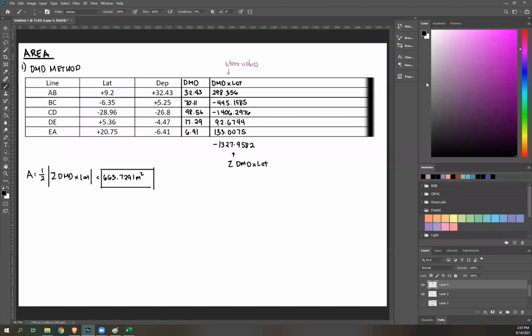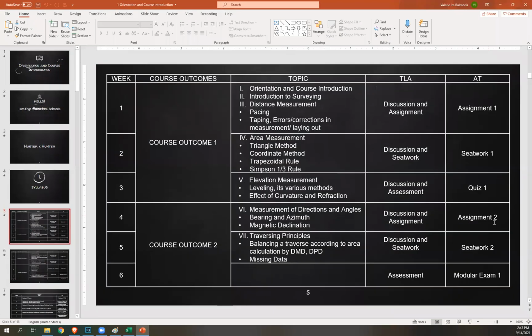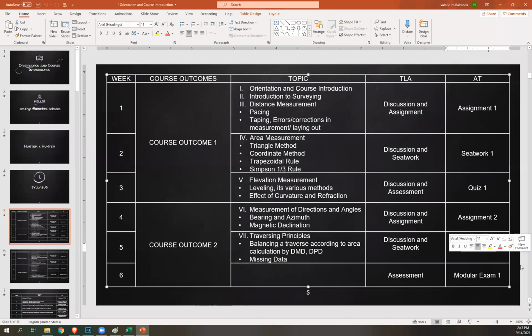There's no time limit in taking assignment number 1. Yes, we have activity on Saturday. Ma'am, bali next week pa po yung final exam po, di ba? Yes, next week. And this Saturday we have seat work number 2. So there's no Zoom meeting again. Just answer your seat work that's available the whole day.